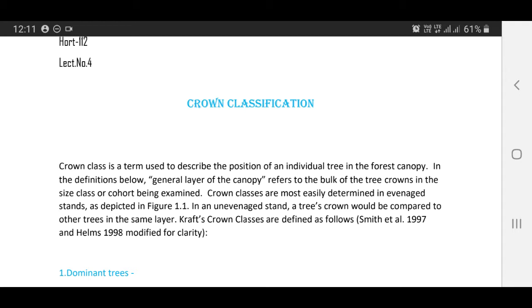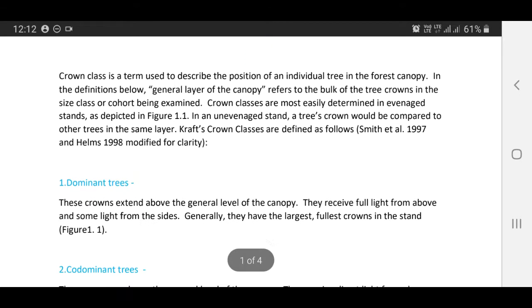Crown classes are most easily determined in even aged stands as depicted in figure 1.1. In an uneven aged stand, a tree's crown would be compared to other trees in the same layer. Kraft's crown classes are defined as follows, Smith et al. 1997 and Helms 1998, modified for clarity.